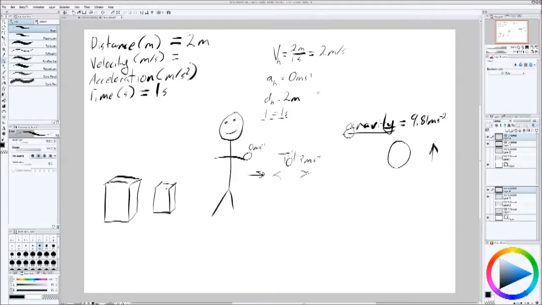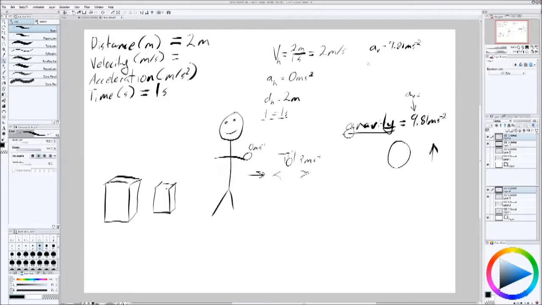So, we know that the vertical acceleration is going to be equal to 9.81. And so we have that value there. So A_V equals 9.81 meters per second squared.